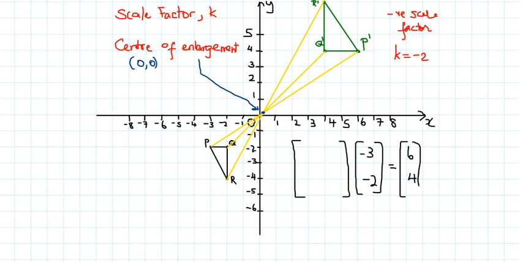In this case, the only thing that's going to be different is the fact that we have a scale factor. So you notice that minus 3 had to be doubled, but also because of the orientation, we had to multiply by minus 2. That way we would get the transformed x coordinate.